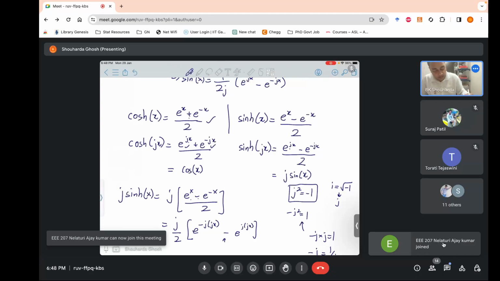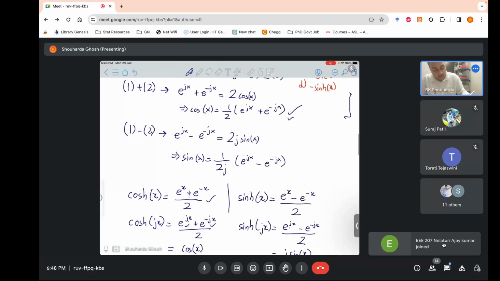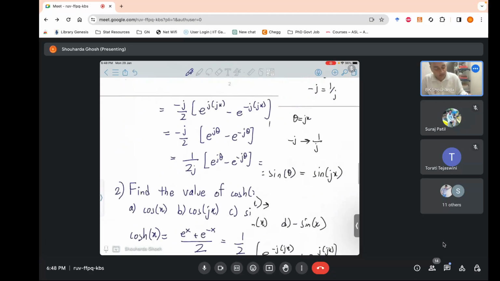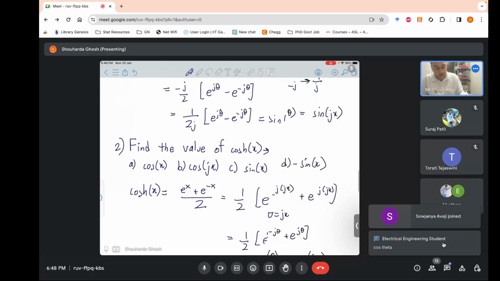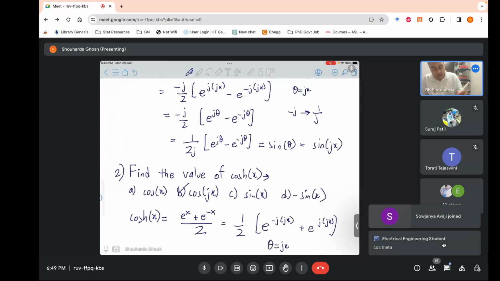Which old form? This old form, e to the power cos x, so it's cosine theta, so that's cosine of jx, so it's actually cos of jx. Yeah, correct, that's option B.